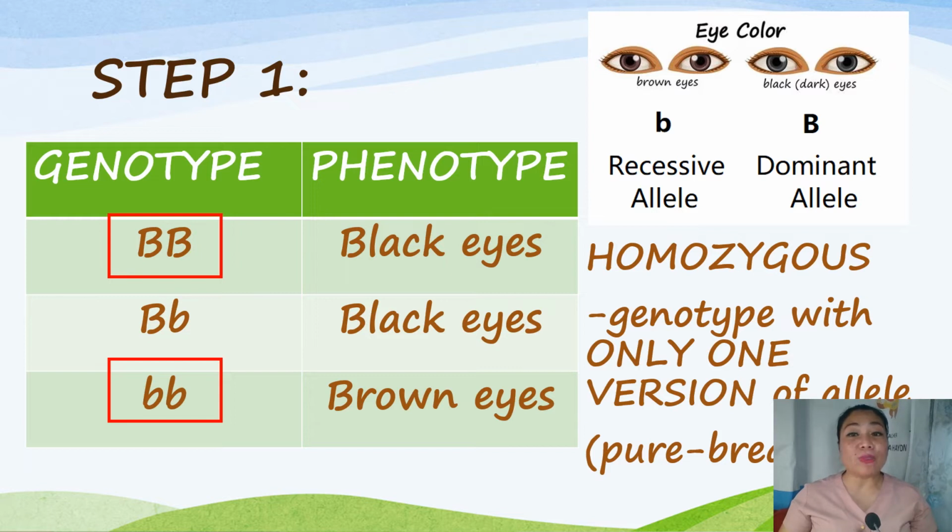Homozygous is a genotype with only one version of allele. In other words, it is a purebred.